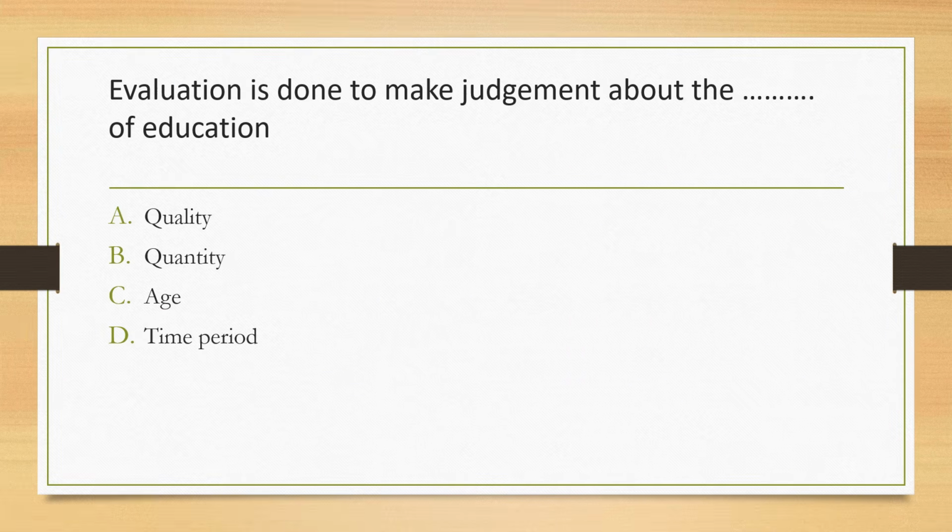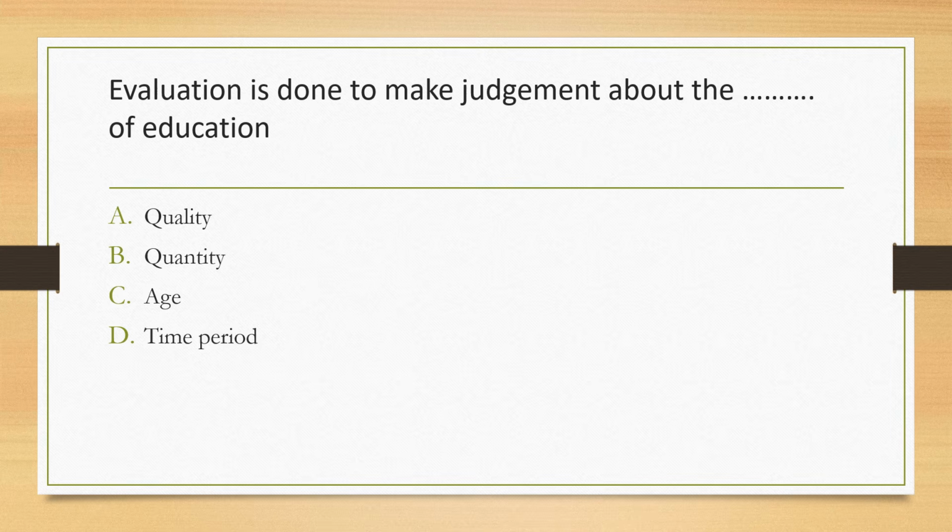Okay, evaluation is done to make judgment about the... Once you know everything about evaluation, you're going to get it easily. It's not about quantity. Anytime you're talking about quantity, please, you're talking about measurement. And anytime you're talking about quality, you're talking about evaluation.